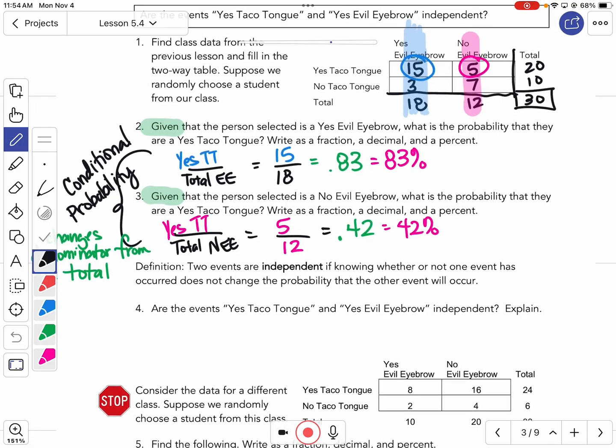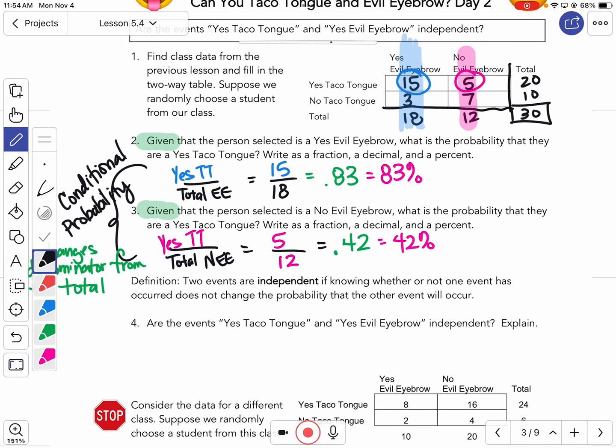The wording and the symbols that we use for conditional probability might be represented like this: probability that we can taco tongue given that we can evil eyebrow. The second one is always my denominator.